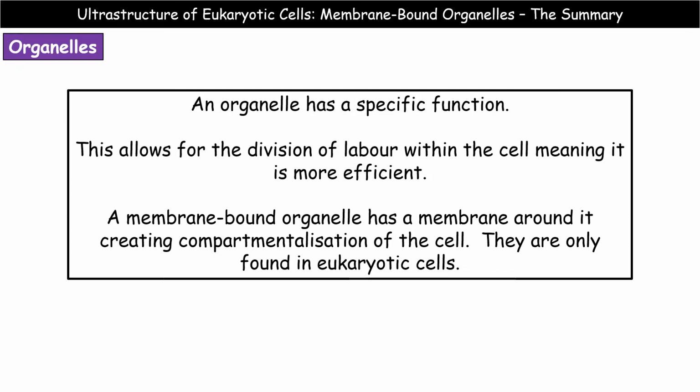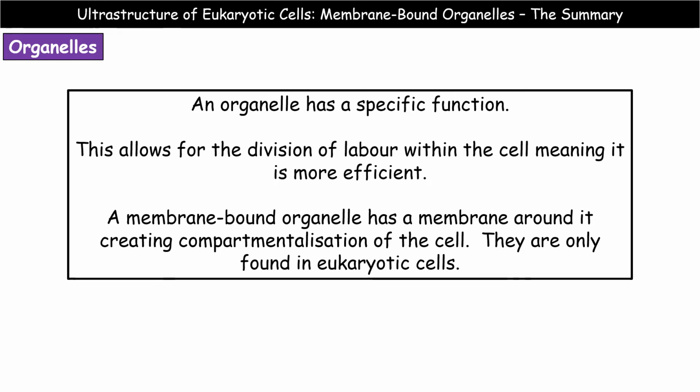What we're looking at in this video are the membrane-bound organelles. As the name suggests, it's not a lie here, these are the organelles that have a membrane around them. And this creates something we refer to as compartmentalisation. If we talk about compartmentalisation of a cell, what it does is separate out those individual bits needed for a particular function into a given region.